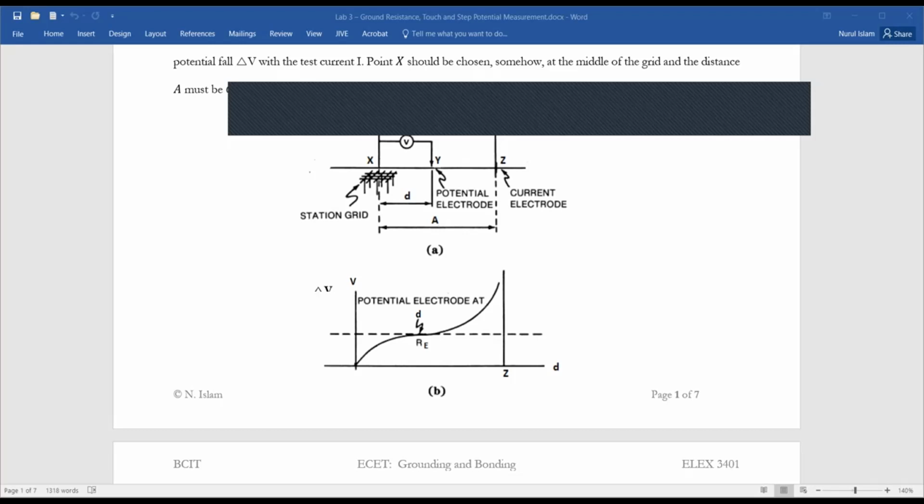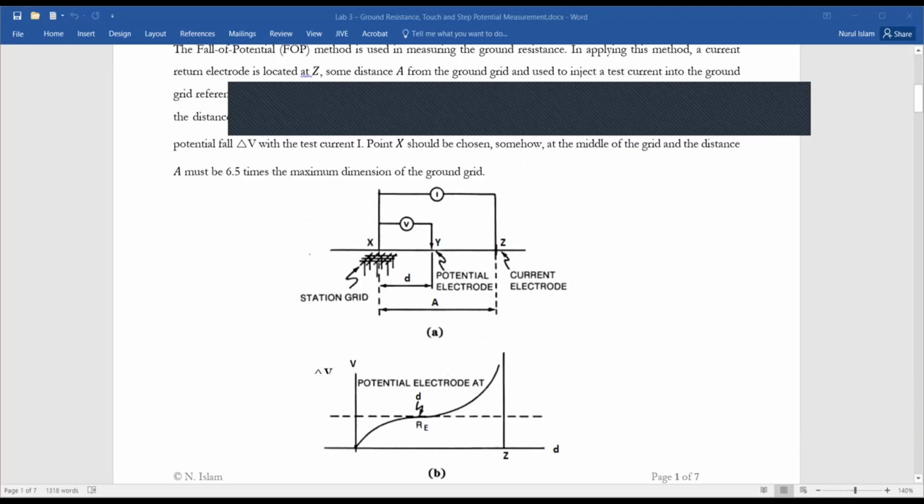Does that make sense? 62% of this total distance. Our total distance in our lab is 50 meters. If you move from this reference point 62% of this total distance, that distance is 31 meters. From here to there, 31 meters.